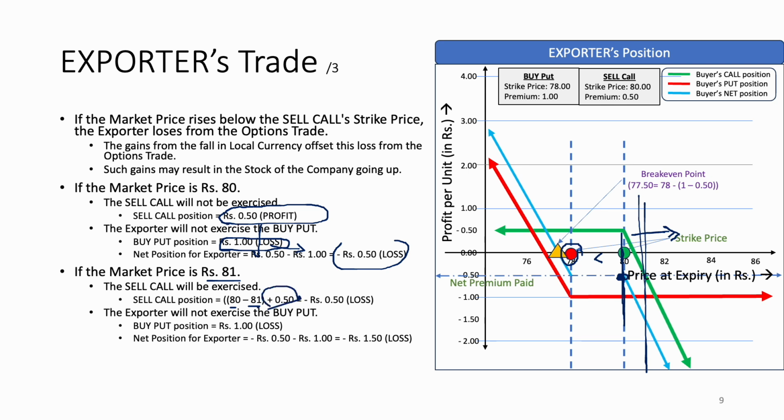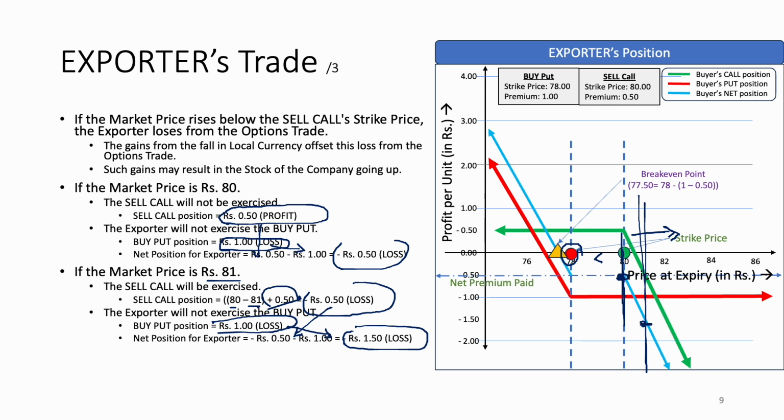As a result, he will suffer a loss of 50 paise. The exporter will not exercise his buy put, so he will make a loss of 1 rupee, that is the premium. So net position is that he will lose 50 paise from the sell call and he will lose 1 rupee from the buy put, and as a result his total loss will be 1 rupee 50 paise per unit. So he will be somewhere here.